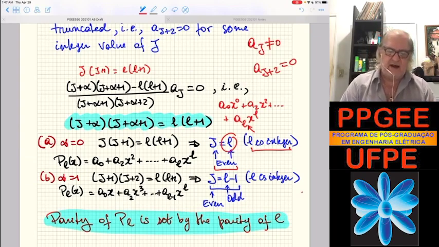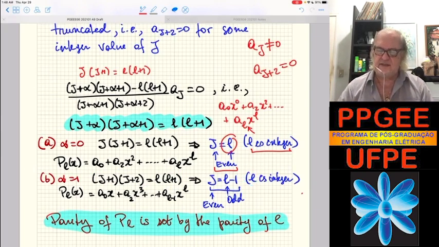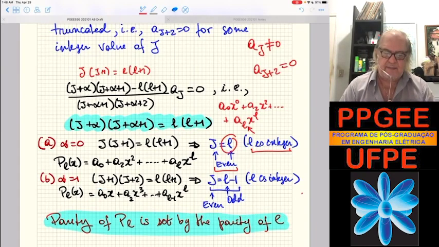If we do the same thing for alpha equals 1, we obtain this type of thing here. Just make J equals L minus 1 to satisfy this equation. Recall always L is an integer, also because J is an integer. Recall that the index is not the power of x.